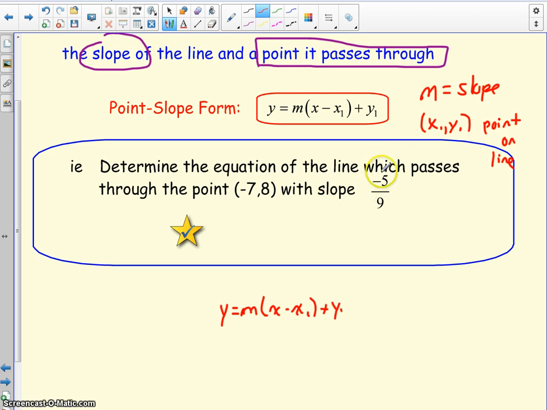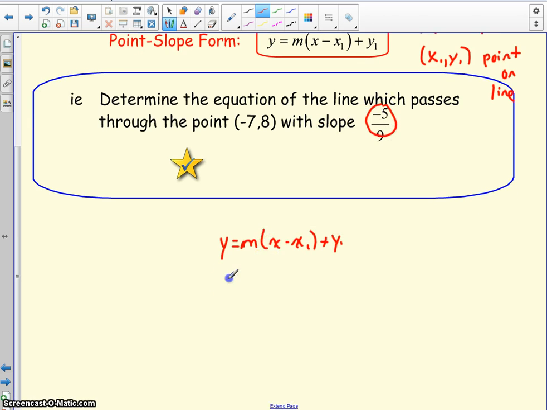I have my slope, that's going to be negative 5 over 9. I need to pass through the point negative 7, 8, and since it's a point on the line, that will be my x1 and y1. So I'm going to have x minus negative 7 plus y1, which is 8.